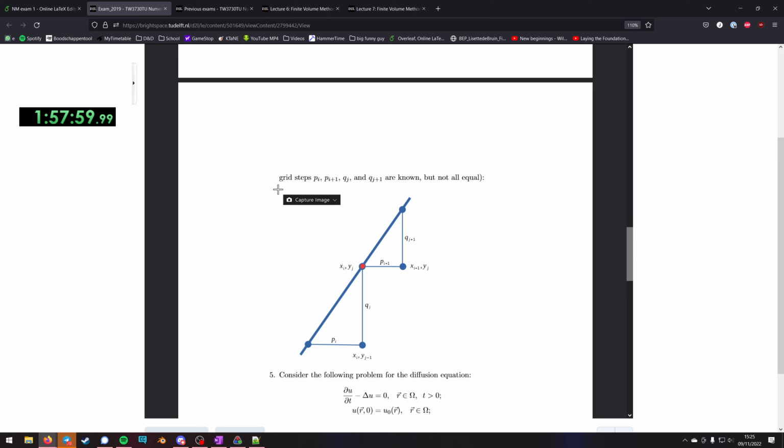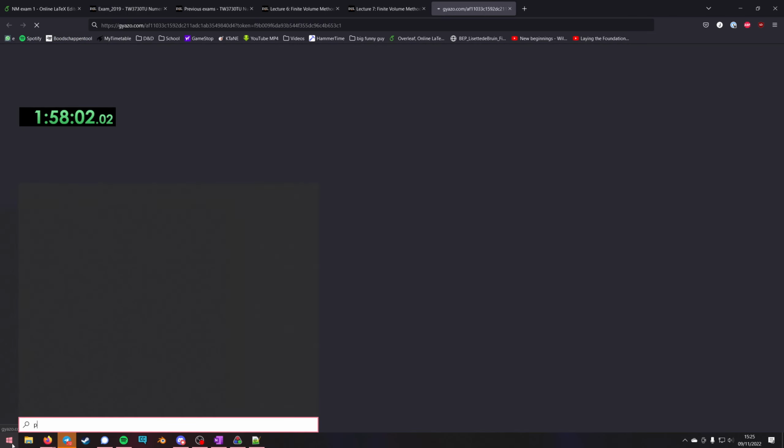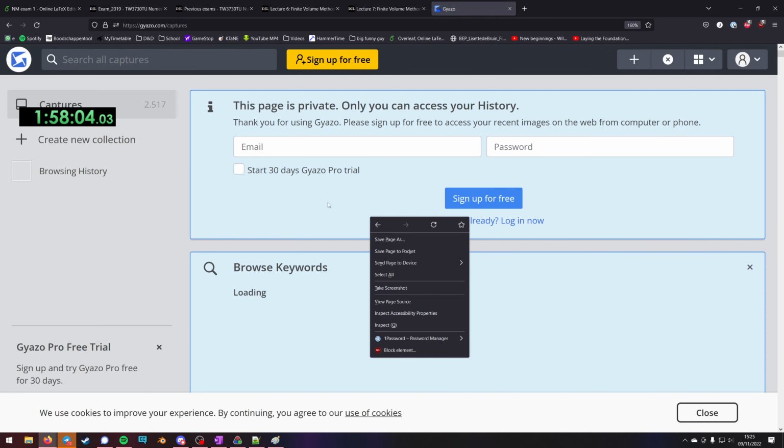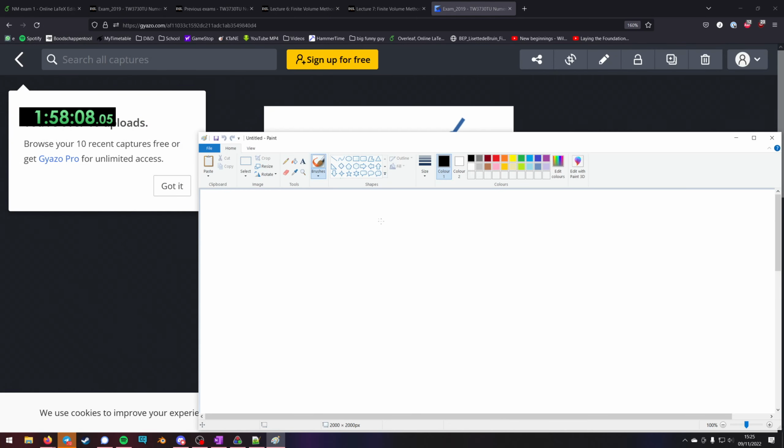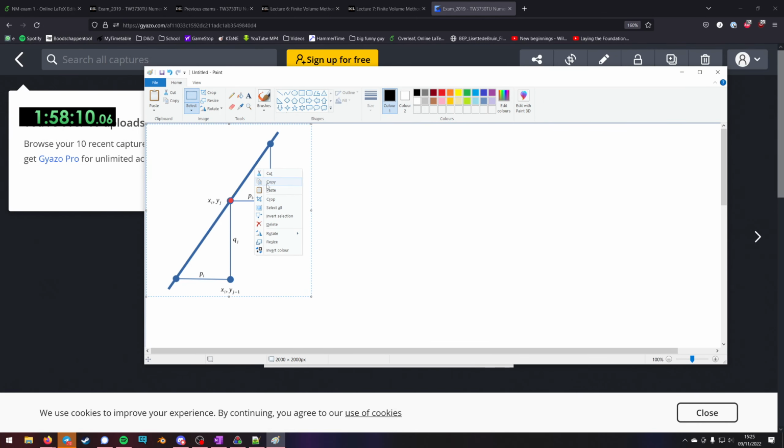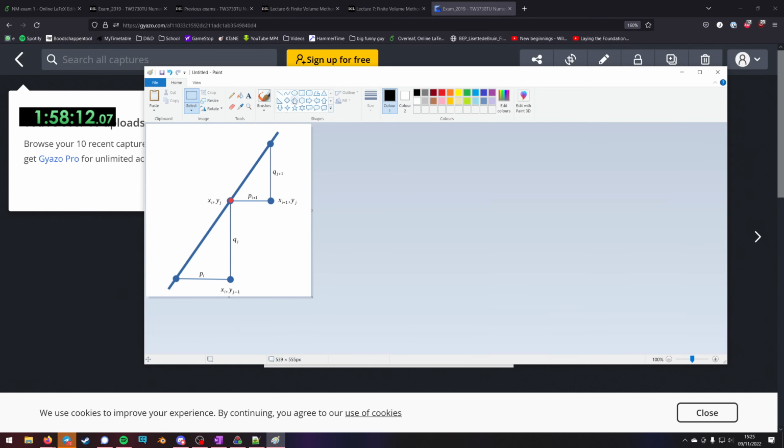I'll get it into Paint so we can do this, and then I'll crop. So what we're trying to do is make our own small area, which goes from a half to down here, to half down here, and this, and then we divide over the area of this thing. So that's kind of our integral.